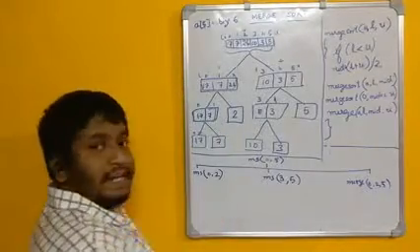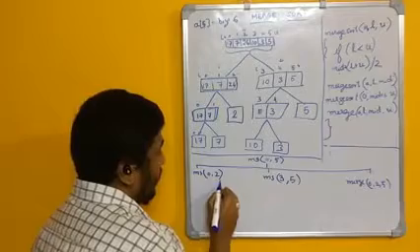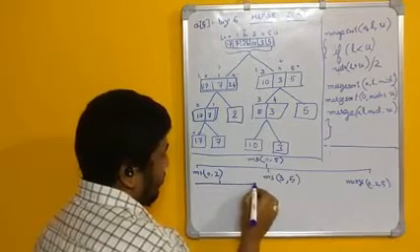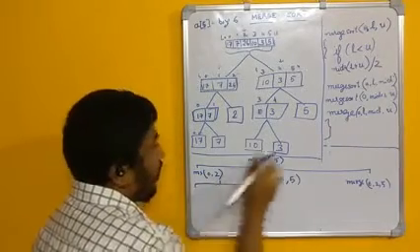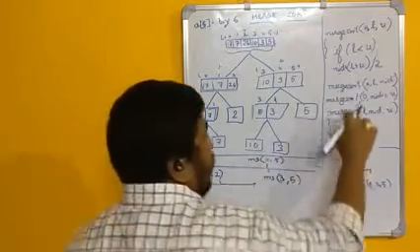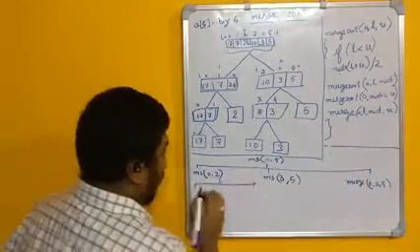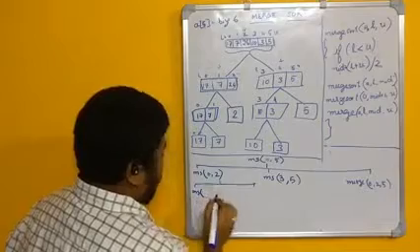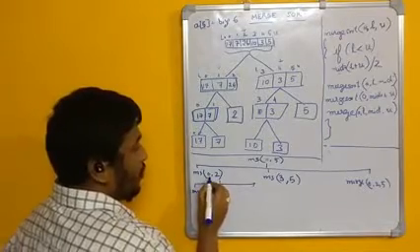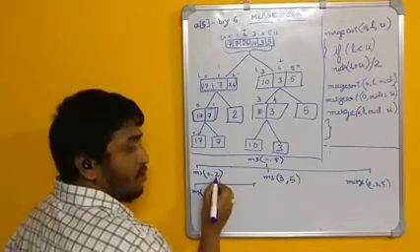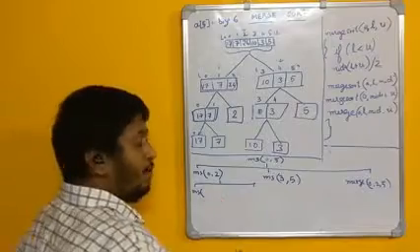Now this will get divided. How will it get divided? Here again the merge sort is called. Again we have three functions. First merge sort, where 0 is our lower bound and 2 is our upper bound. So 0 plus 2 divided by 2 is 1.